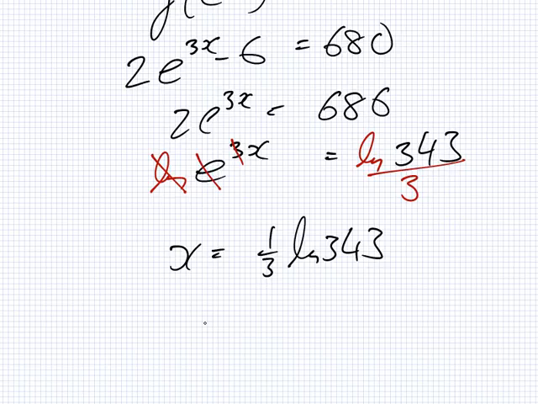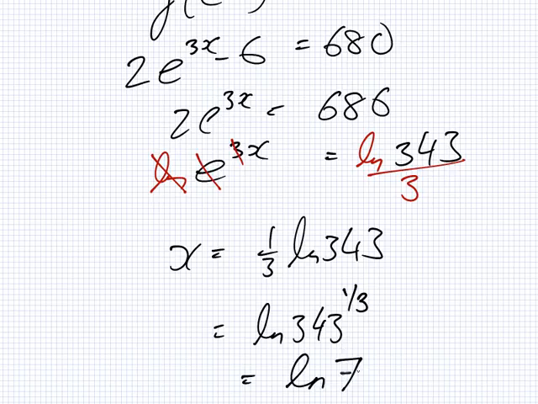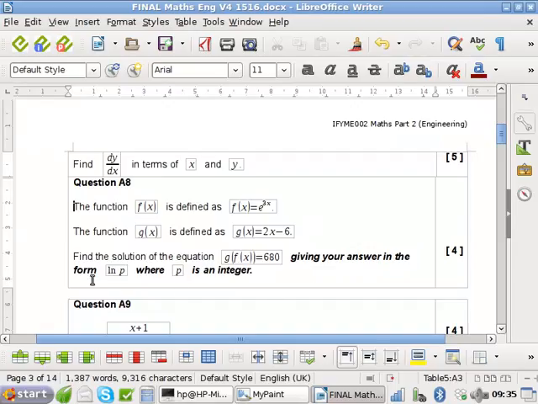So now I'm curious to see if this is equal to log 343 to the power 1/3, which is actually 7. Log 7 is the answer. Do we have to not solve the log? No, I think we do, because the question says clearly give your answer as log p.